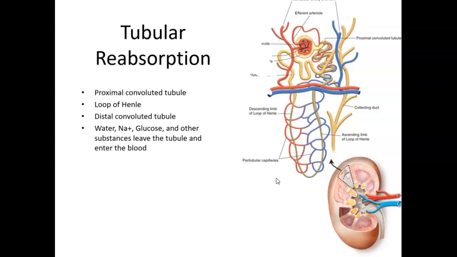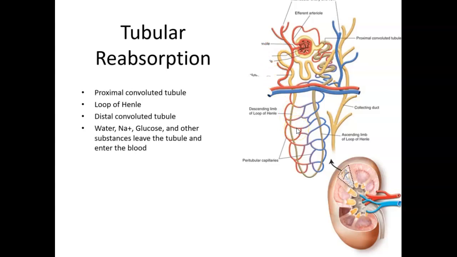So after you have that primary round of filtration happening at the glomerulus, then you have tubular reabsorption. So this happens in this area up here. You have your proximal convoluted tubule over here, and then you have your loops of Henle, and then you have your distal convoluted tubules.